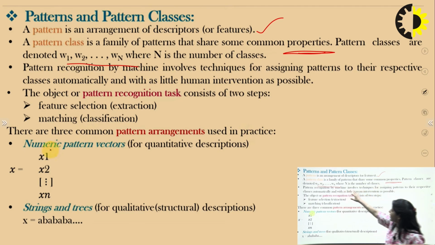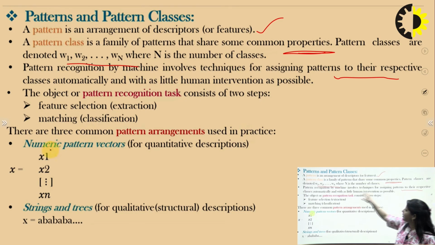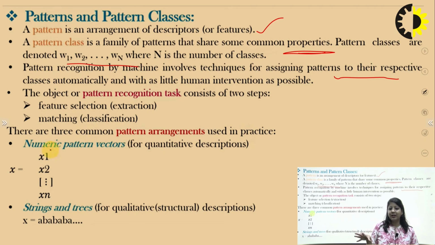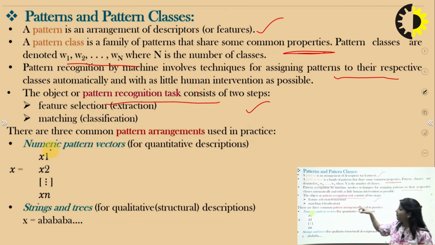Pattern recognition by machine involves the techniques for assigning patterns to their respective classes. When the machine is smart enough to classify the images, when we set the training data set into the machine, the machine will decide these patterns are similar to that image, these patterns are similar to that image. So the machine will get trained. The object or pattern recognition task consists of two steps: extraction and classification.